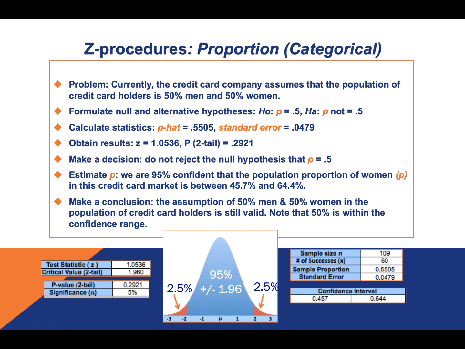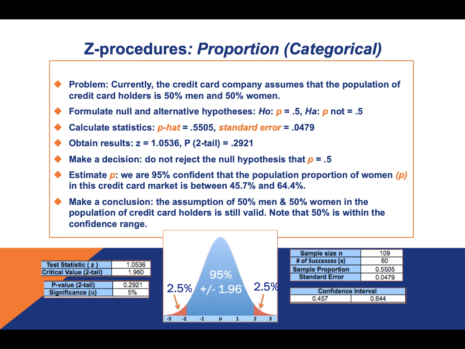We could use that to obtain results. Here, our z-test statistic of 1.054 and our p-value two-tailed of 0.2921. The next step is to make a decision about the null hypothesis. Here our decision would be do not reject because the p-value is greater than 0.05.